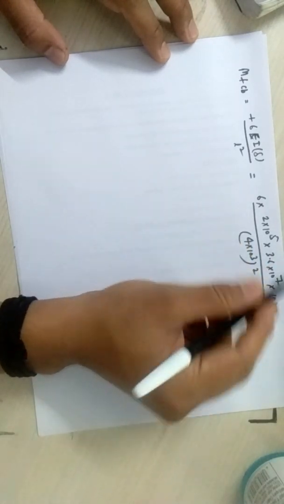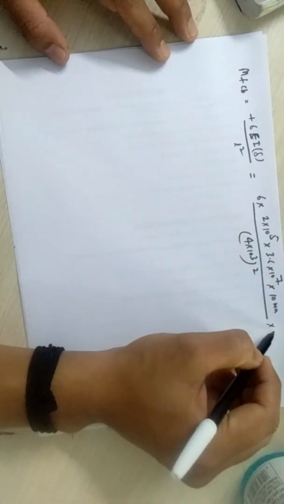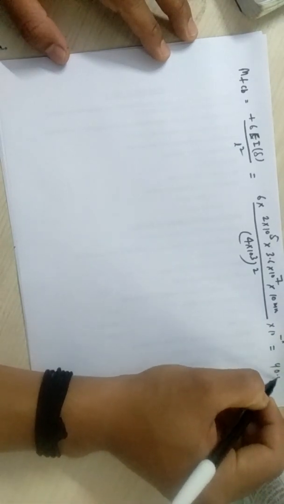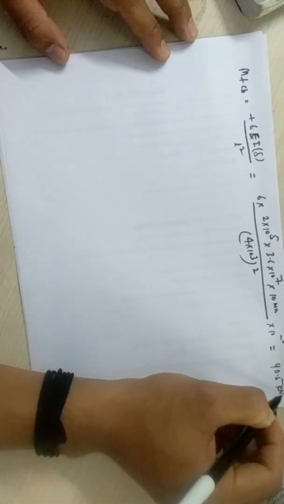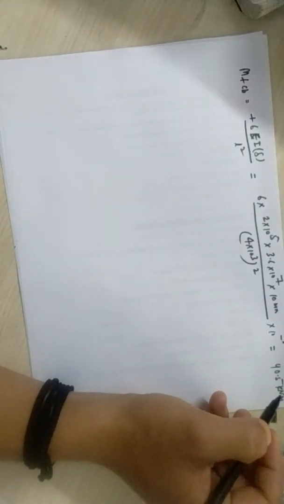This will come in Newton millimeter. Then we will multiply it with 10 to the power minus 6, and we will get 40.5 kilonewton meter.